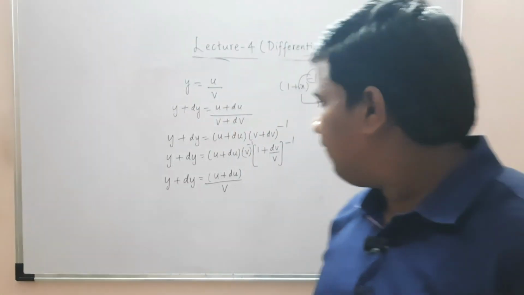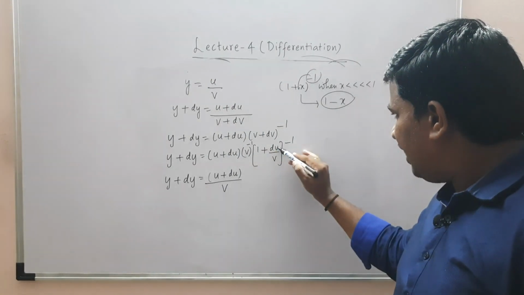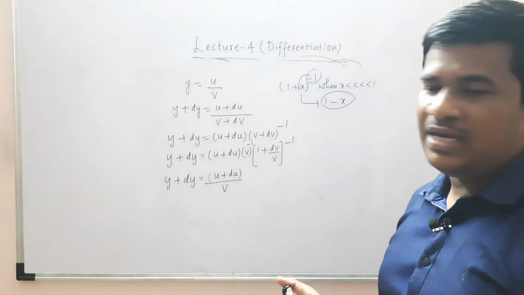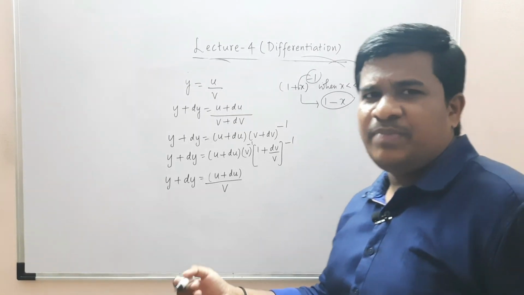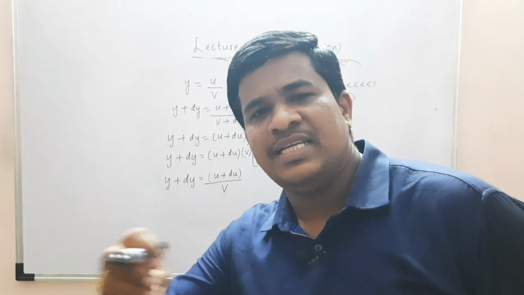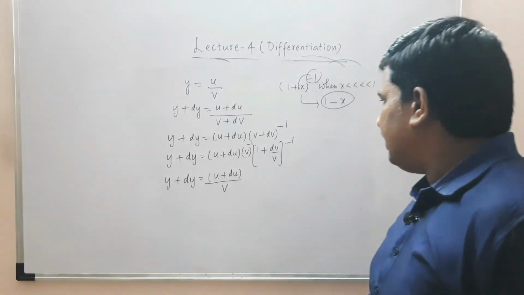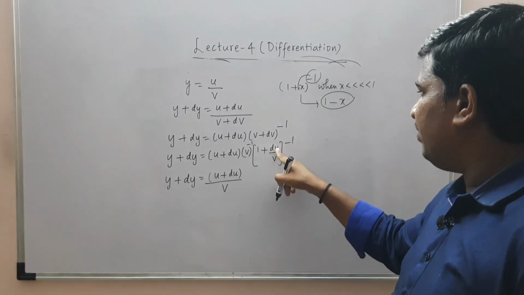In the same way, this dv is a very small quantity. When you divide this small quantity with v, v is very big when compared to dv. So dv by v, a small quantity divided by a very large quantity, becomes small, right? So here in place of x you have dv by v, that's it.